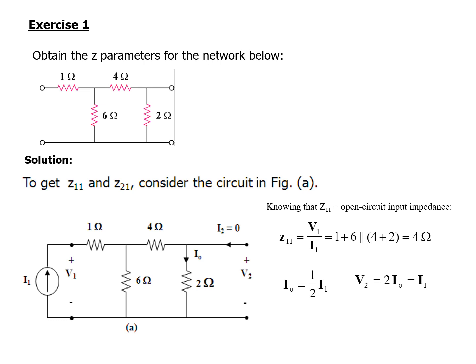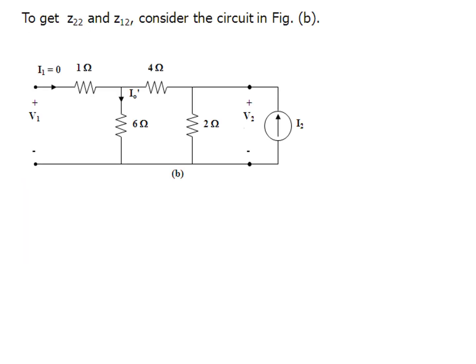And V2 is equal to 2 ohms, the resistance at the branch I0, multiplied by I0, so V2 is equal to I1. Z21 is V2 over I1, that is 1 ohm, because from the previous equation, V2 equals I1.